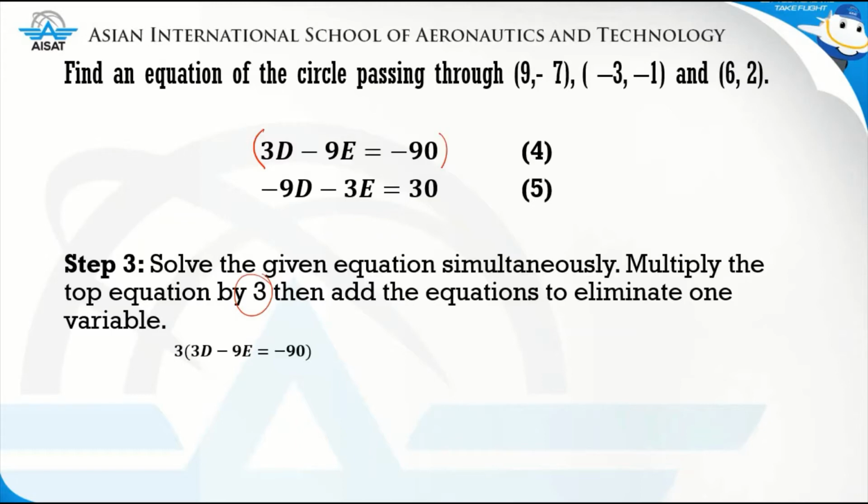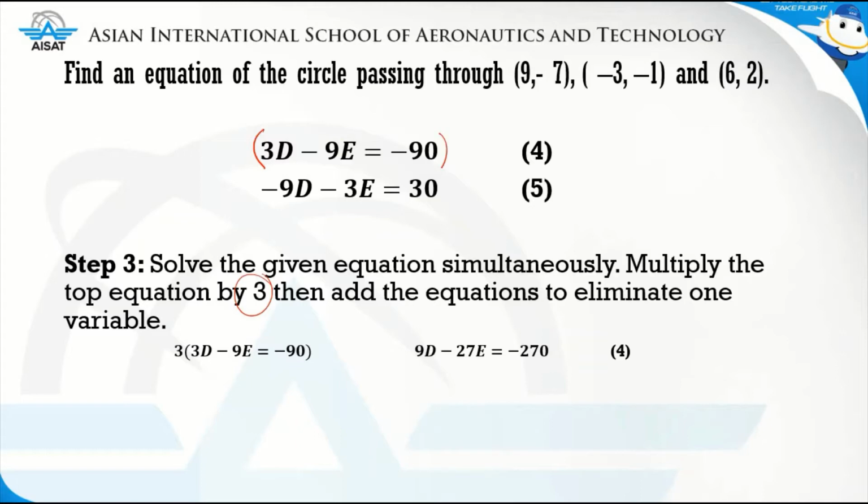Okay? By doing so, multiplying 3d minus 9e is equal to negative 90 by 3, we will have 9d, because 3 times 3 is 9, and then 3 times negative 9 is negative 27, and 3 times negative 90 is negative 270.